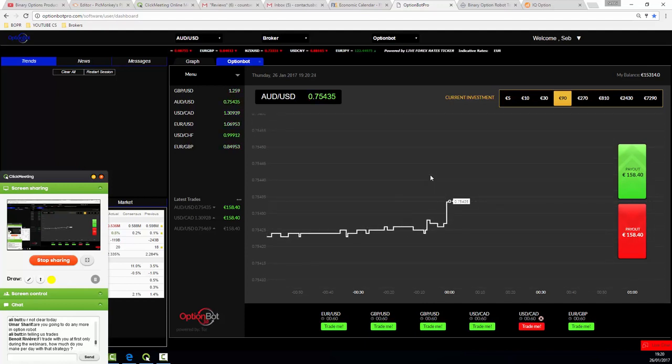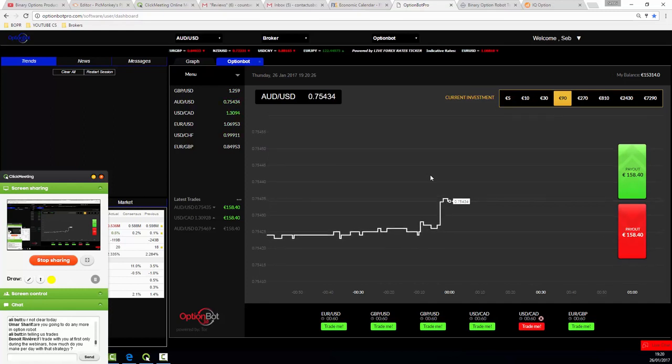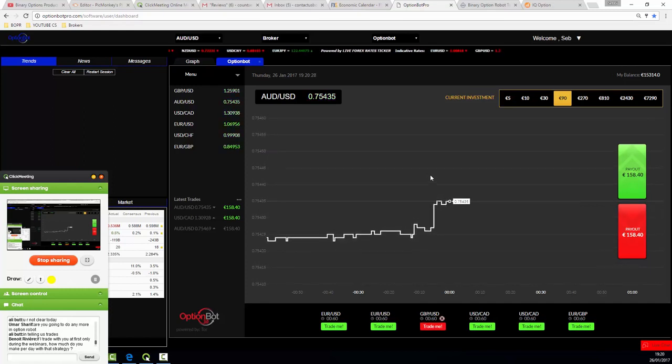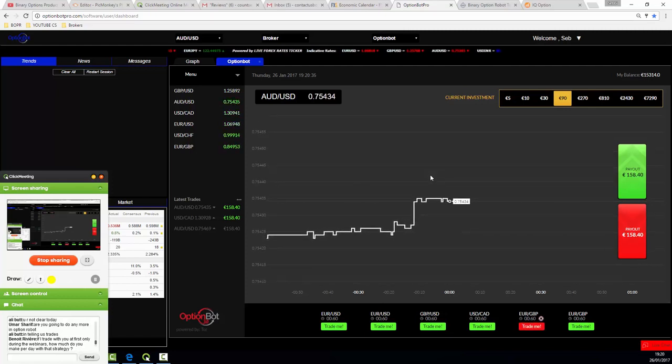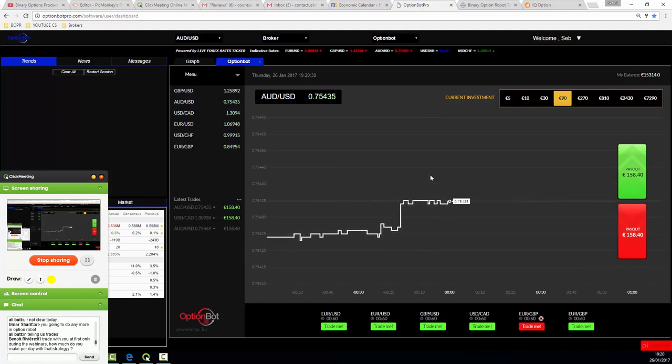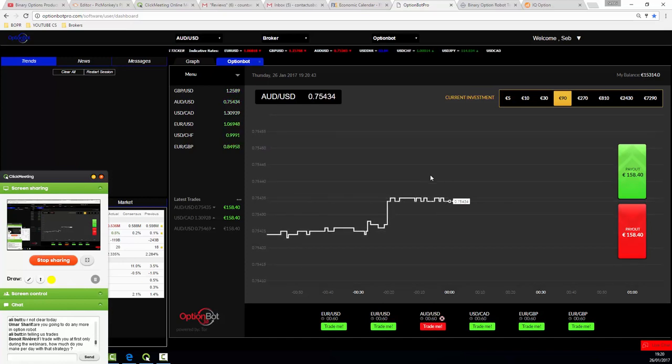So far I've placed 5 trades. How much have I made today? Let's have a quick look on my calculator. I've done 5 trades, €100 trades. So 58 plus 58, plus 90 plus 90. Take away 100.